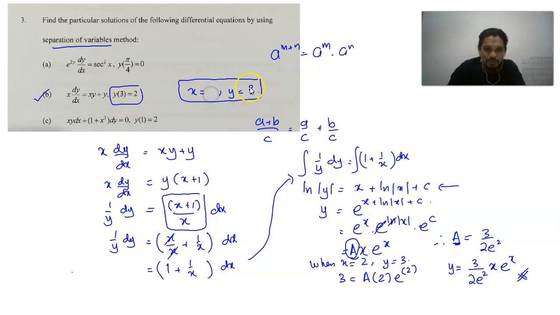I'm sorry for this. It's not the wrong method or wrong working solution, but I made a mistake by substituting the values of x and y. So in this case, x equal to 3, y equal to 2. Sorry again.